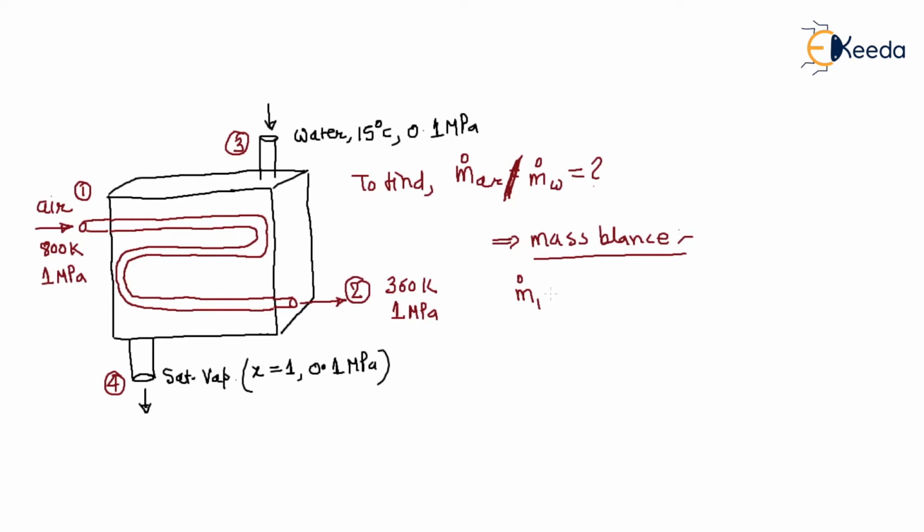The mass balance is M1 equals M2 equals M of air, and M3 equals M4 equals M of water, right?